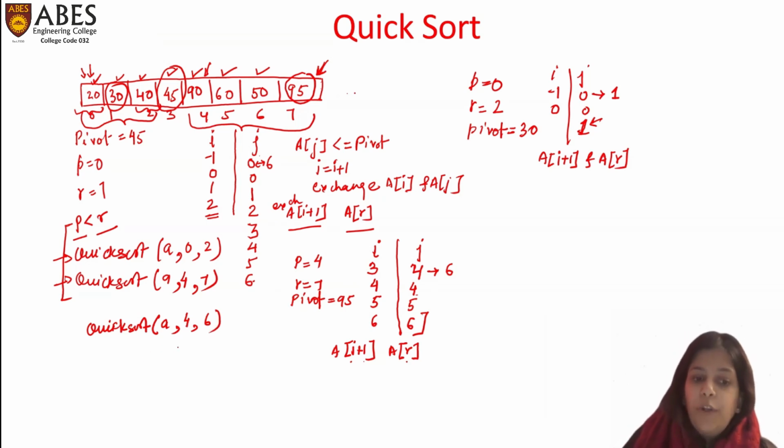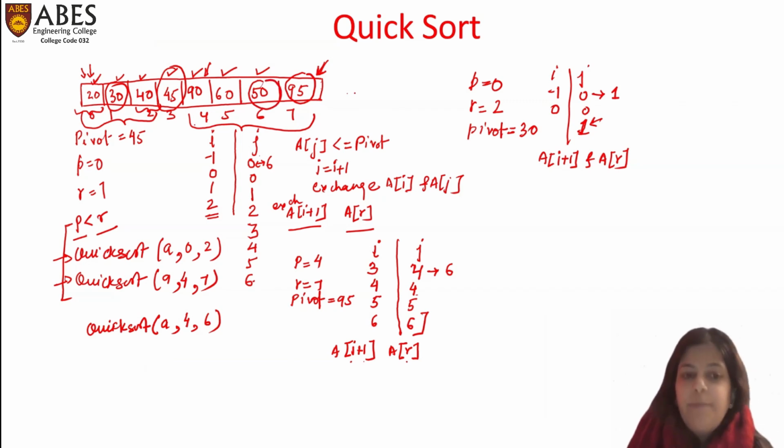At this point, 50 will be made the pivot, and then the same process will start again. Let us take P as 4 and R as 6, and the pivot can be selected as the last element, which is 50.